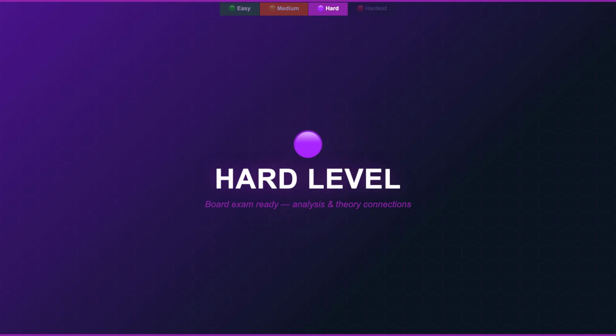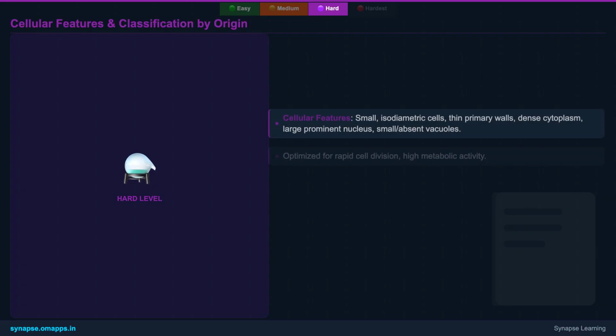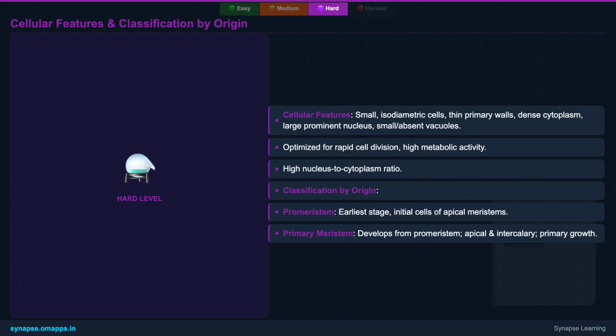At the hard level, we'll analyze the intricate classifications, cellular processes, and the remarkable regenerative powers of meristematic tissue. Meristematic cells are perfectly adapted for their role in continuous division. They are small, roughly spherical, with thin primary cell walls that allow for rapid expansion.